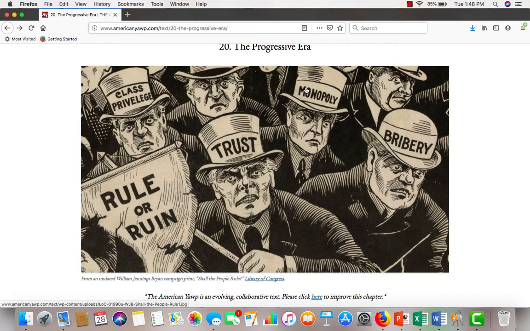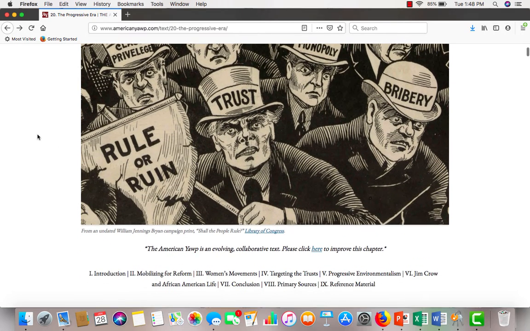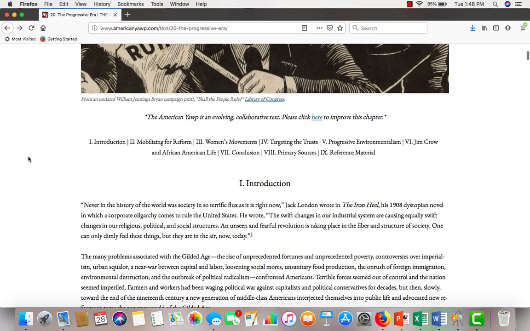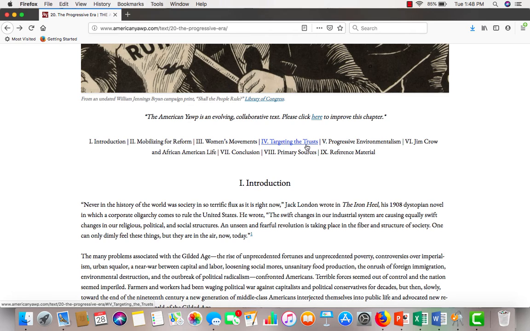Which is also a quick reminder: always use your multimodalities to enhance your reading of the work. It just gives you a more well-rounded idea of it. Like I said, these were obviously all issues that are going to be touched upon, but if we look at the table of contents, which you should also always do, it lets us know even more of these issues and things that were being targeted, such as the emerging women's movement, a very large backlash against the trusts, an emerging environmentalism movement, which is interesting.